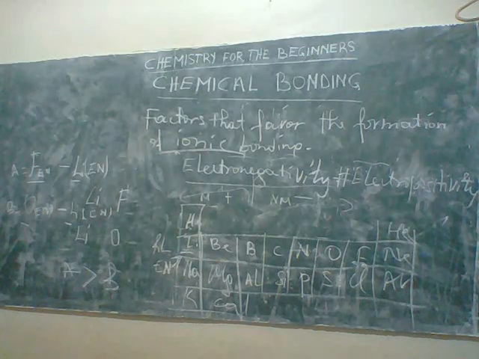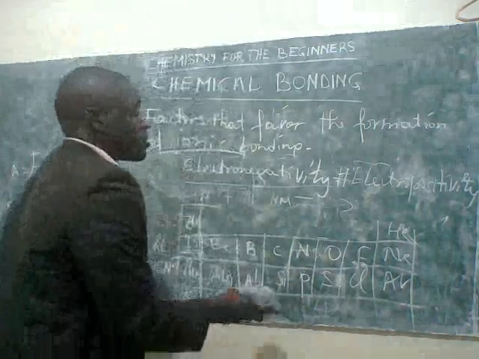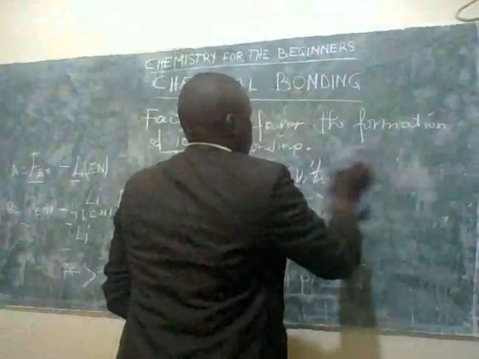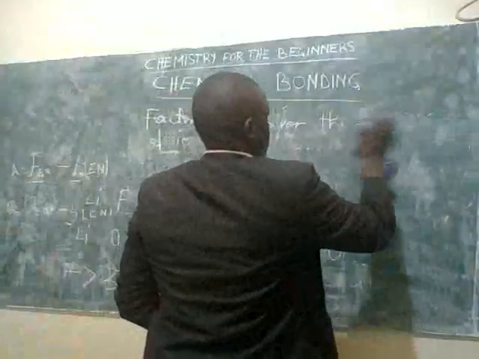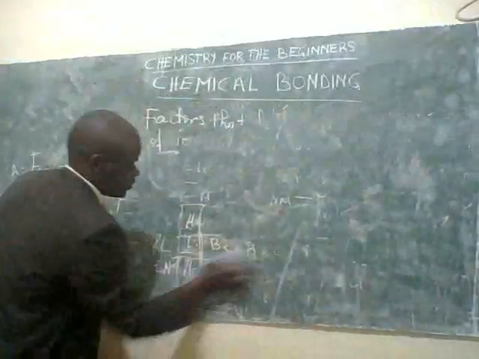Let us see something small, and we finish. In this lesson, we will learn only about the ionic bond. Then after, we will learn about the covalent bond.